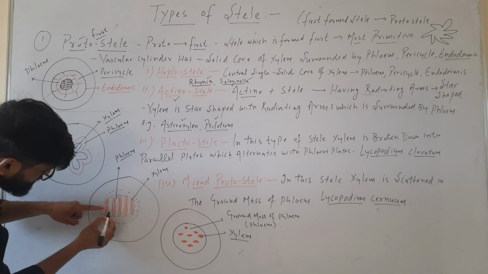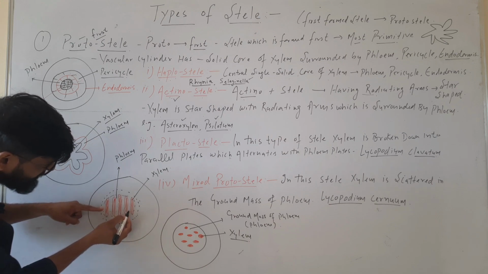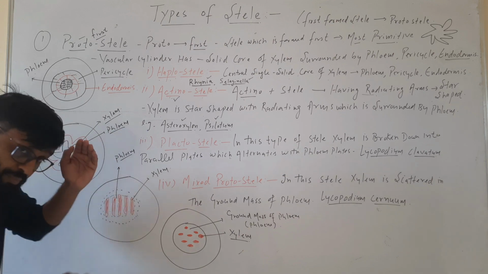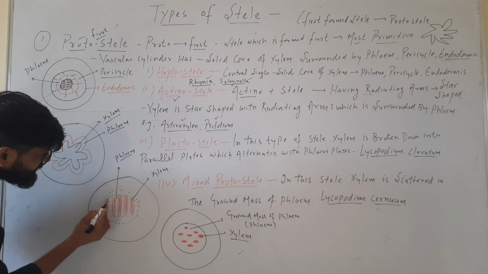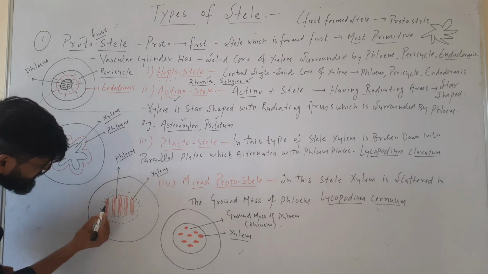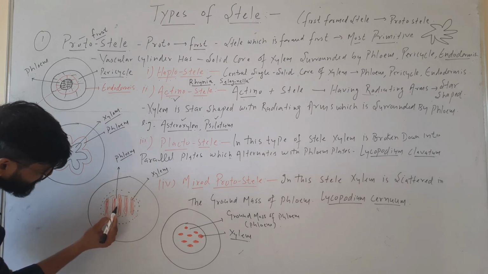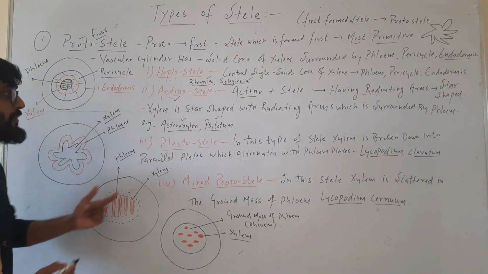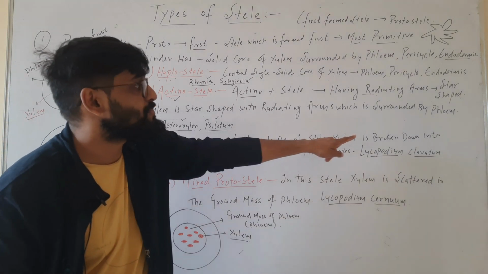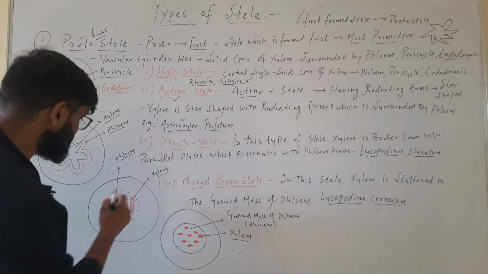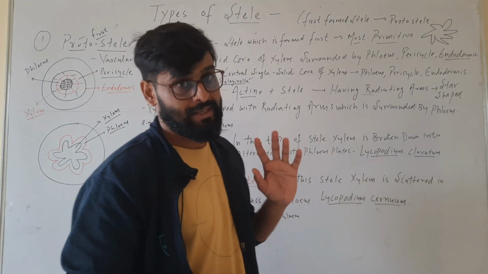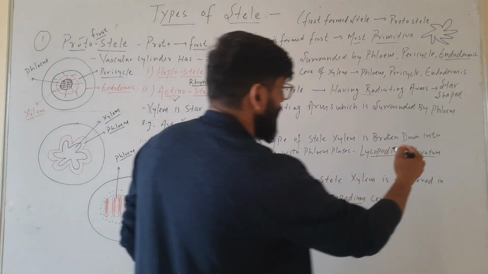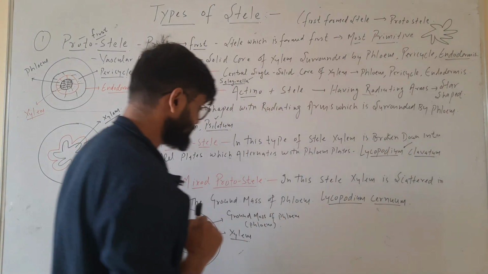This red is a plate, this white plate, red plate, white plate, red plate, white plate. So it is broken down into plates. This red plate is xylem, and this xylem alternates with phloem, then xylem, phloem, xylem, phloem. Now look at this type: the stele is broken down into parallel plates of xylem which alternate with phloem plates. This type of stele is found in Lycopodium clavatum.